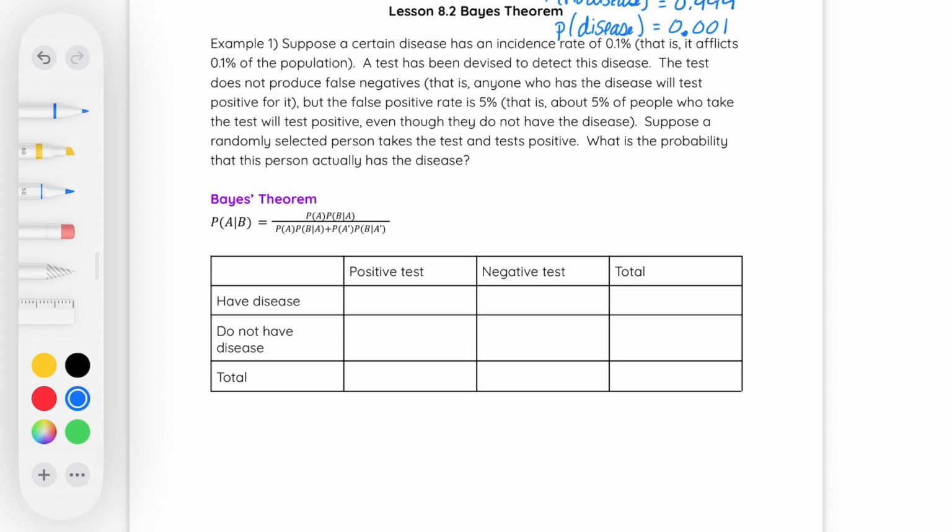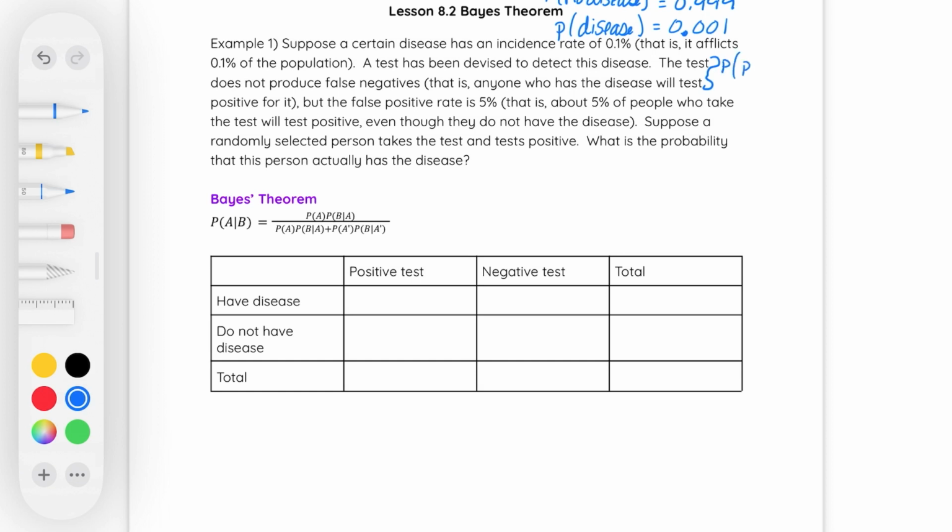And then let's talk about the testing. So we're going to be testing given that they do or do not have the disease in the next lines. So a test has been devised to detect this disease. This test does not produce false negatives. So anyone who has the disease will test positive.